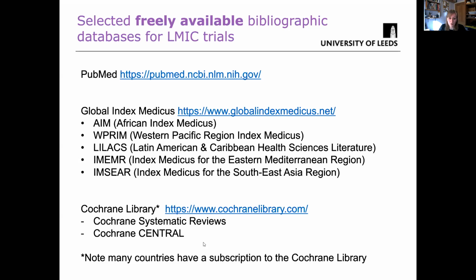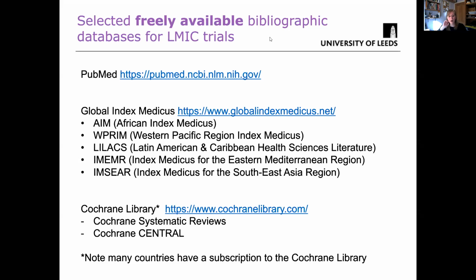I've also put in the Cochrane Library, really because it's a really good source of trials. The Cochrane Central database is made from lots of searches of other databases to find trials. So it's scooping up trials from Medline, but also Embase, PsycInfo, CINAHL, and hand search results.